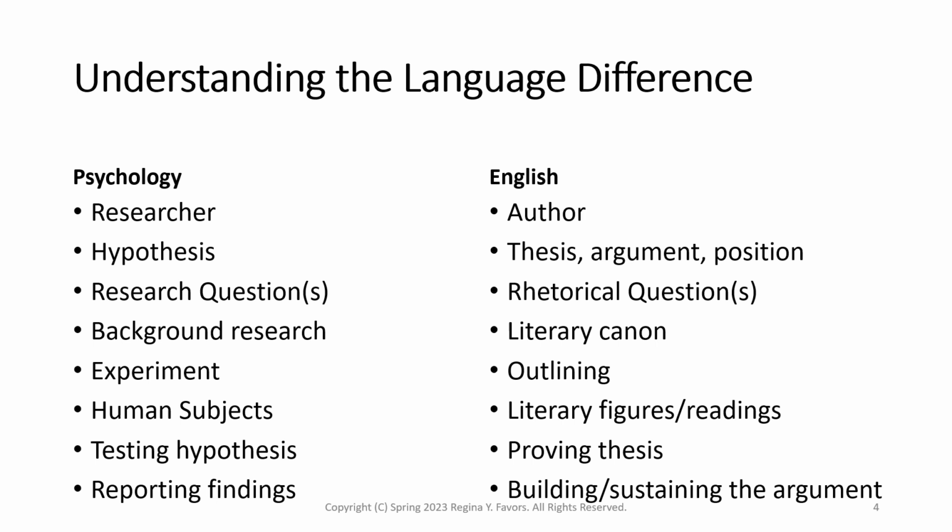And then for psychology, it would be an experiment, whereas in English it is essentially outlining. In psychology, it would be human subjects, but in English, we are referring to them as literary figures and readings. The readings of a literary figure have just as much validity as the literary figure himself or herself.